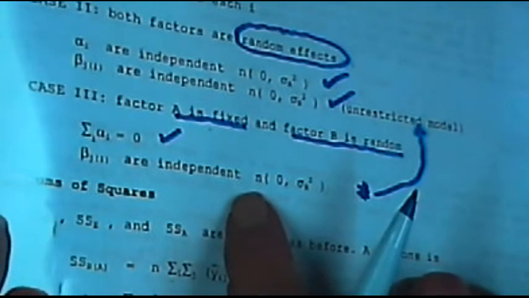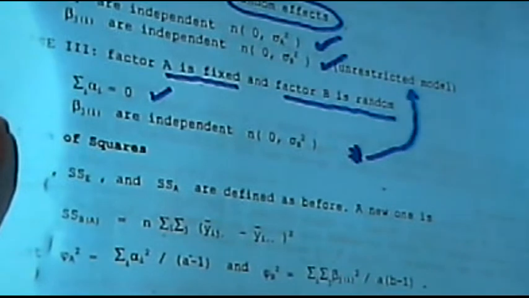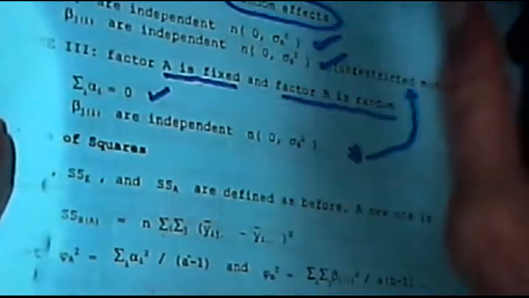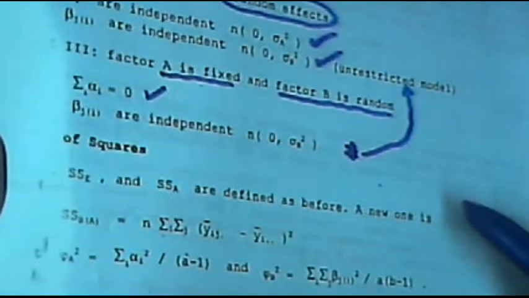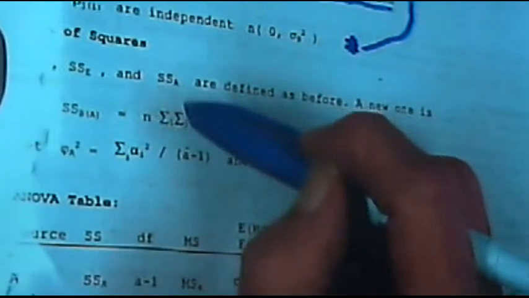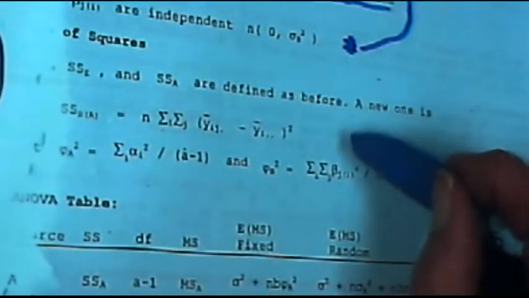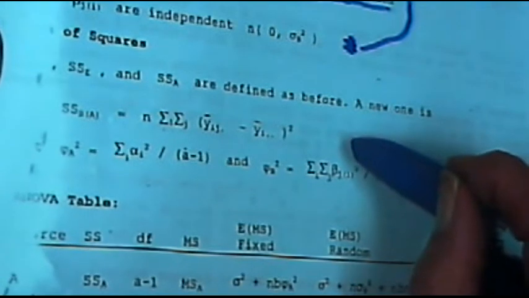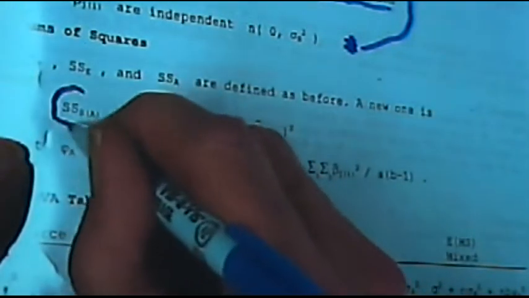But we're not doing that here, notice. Anyway, those are the terms in the model, and we have three possible models depending upon fixed, random, or mixed situation. Now we have sums of squares: sum of squares t for total, sum of squares e for error, and sum of squares a for factor A are exactly the same as before. We have a new one that comes up, namely here.